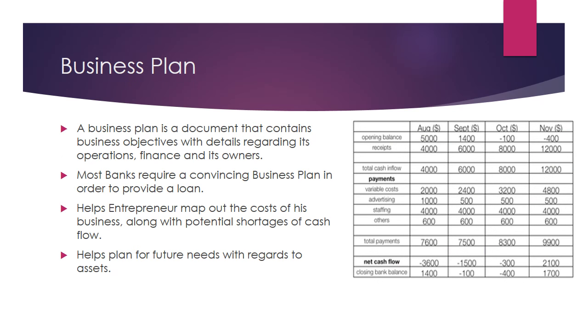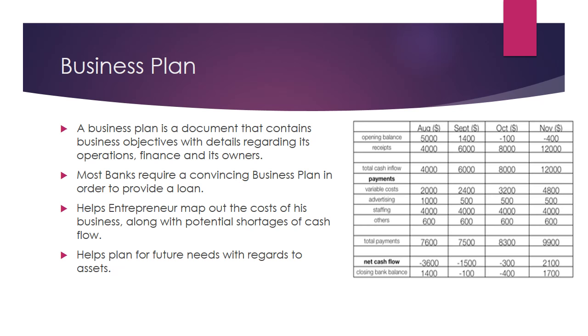So when you're starting a new business, you need to have a business plan. That is fundamental to a startup. So a business plan is a document that contains business objectives with details regarding its operations, finance, and its owners.